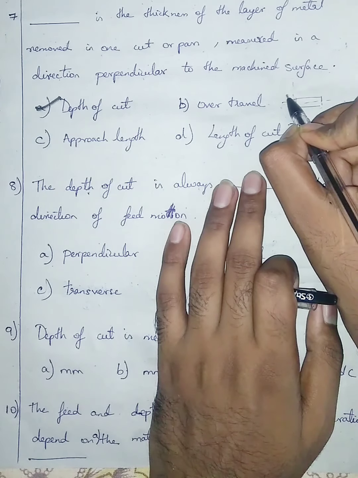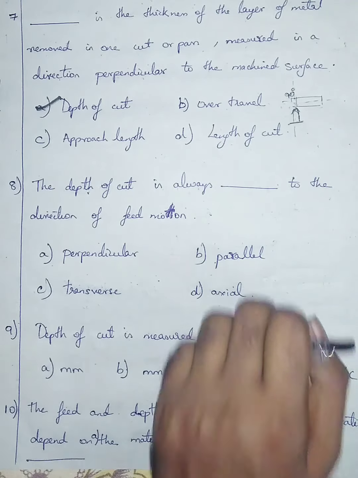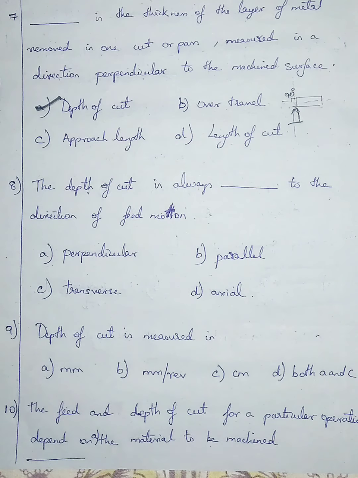So we are going perpendicular, 90 degrees. Depth of cut and feed have a similar meaning, but not the same unit. How much material is removed in one revolution comes under feed. How much thickness of metal is removed in one cut comes under depth of cut.